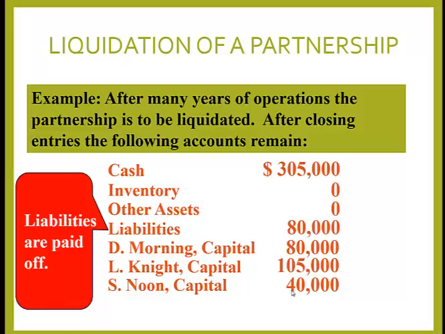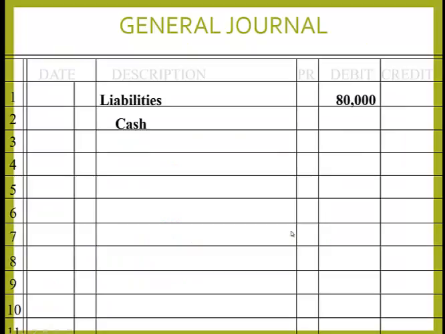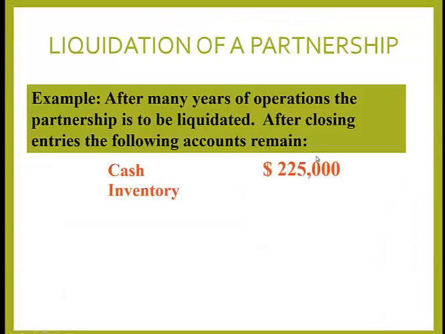So the next step in the liquidation process is to pay off the liabilities. Once again, we have the $80,000 in liabilities. That journal entry will not change. We credit cash for the payment and debit liabilities to zero those out. Okay, so cash has changed.